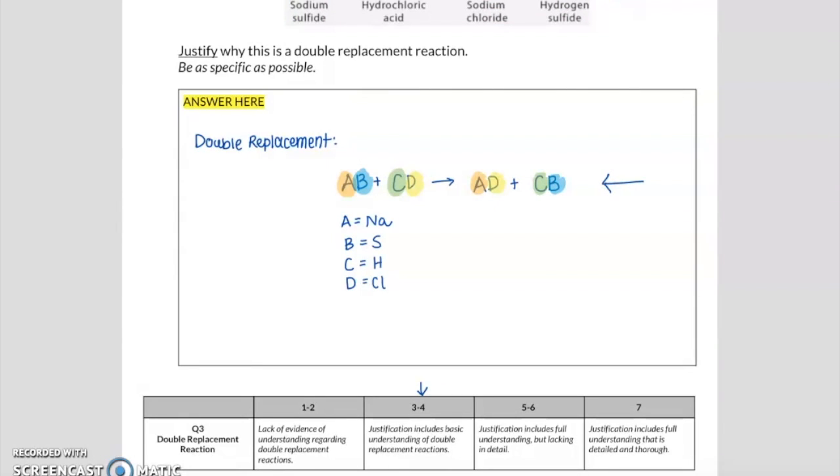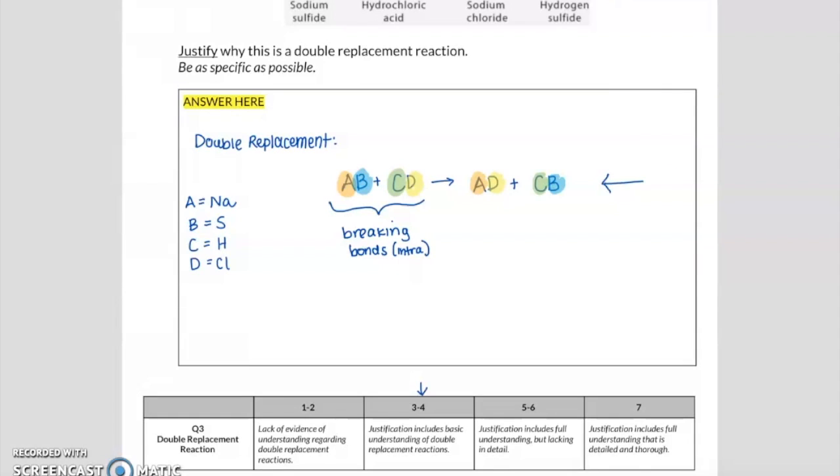but we need a little more detail in order to really justify what's happening. One detail that you should be thinking about is how in the reactants, you must be breaking apart bonds. You're breaking apart A from B and C from D. So you are breaking bonds. Some of you said breaking intramolecular forces, also fine.